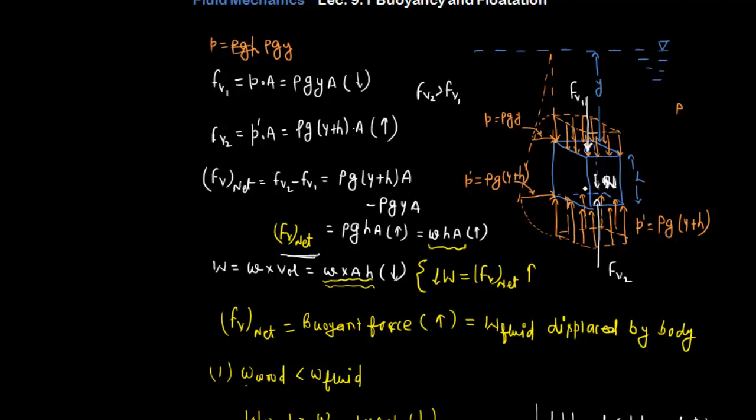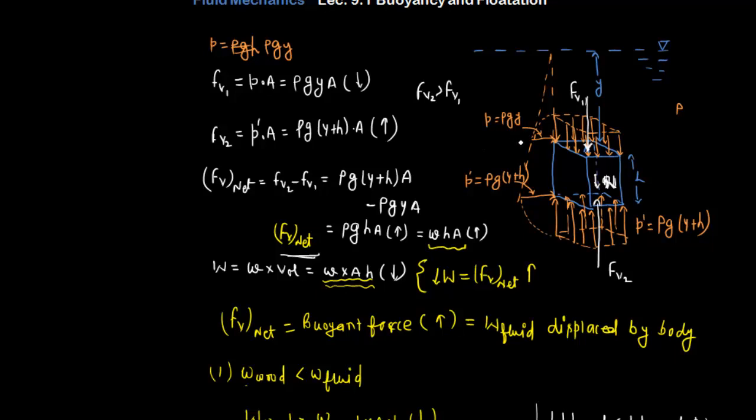Now, as this element is moving in the upward direction, the depth of the top face of this wood is going to decrease, because as it is rising, y is going to decrease. As y decreases, the pressure intensity also decreases.